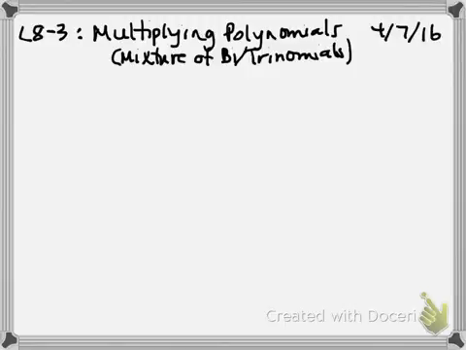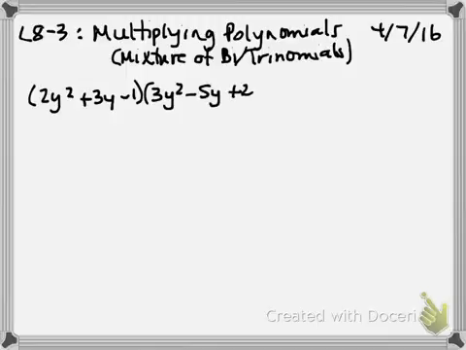So the original problem, let's do 2y squared plus 3y minus 1 times the quantity 3y squared minus 5y plus 2. So we'll start with the horizontal, or as I like to call it, distribution. Let's do it in a color.